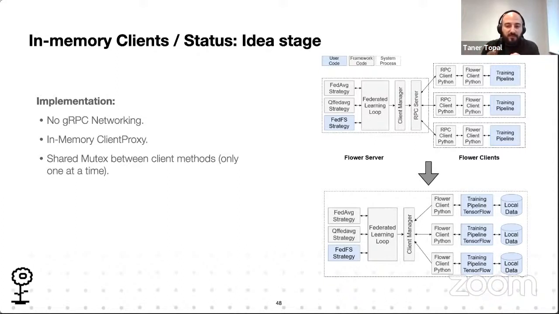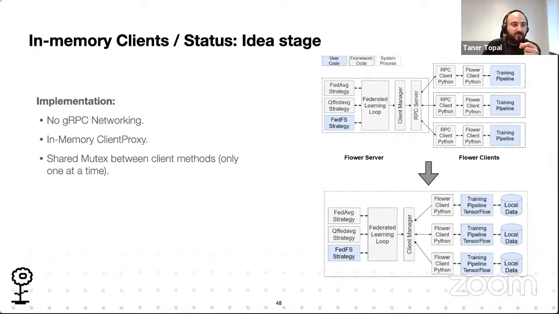Then internally we have the RPC server, which connects to all the clients and registers those clients in the client manager. The idea is, what happens if we have a single process where the clients directly register to the client manager? We are currently exploring this idea.